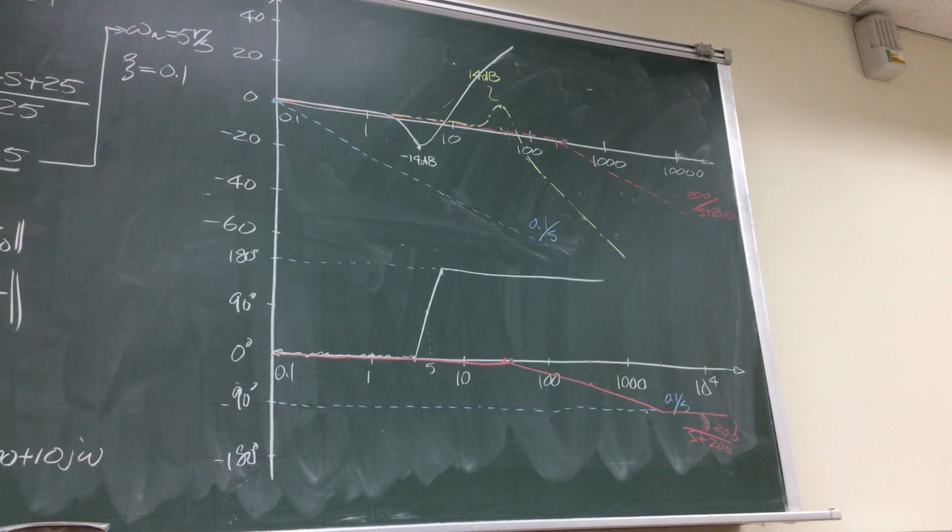Zeta is 0.1 because of the formula. Omega n is 50. So clearly, this is 42.5 radians per second. Omega P2 is going to be 5 to the power of 0.1. So it is going to be 58.7 radians per second.